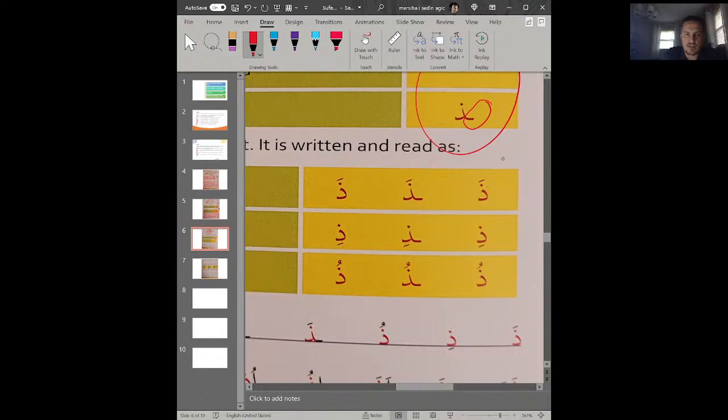Pay attention that the letter we just finished from yesterday is the black one. This one is red. So we finished daal, right? How do we write daal? We write it like this, the same thing as dhaal, so no dot. This one has a dot. Just pay attention to the small dot on top of the letter.